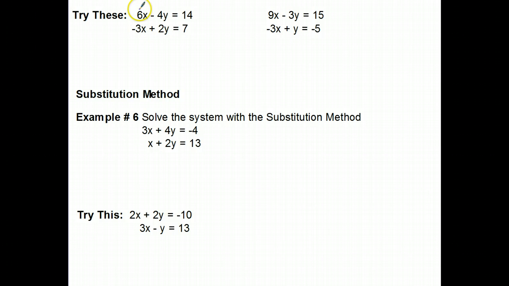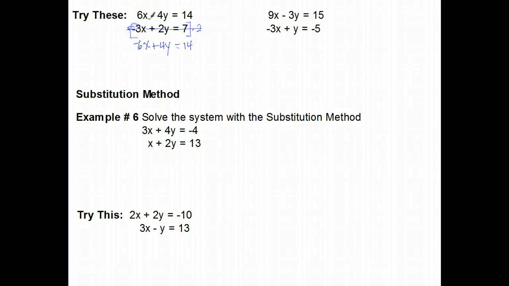In this first set, we'll eliminate the x's by multiplying the bottom equation by 2. That'll give us negative 6x plus 4y equals 14. Now let's pretend that this equation is not there and add these two together. That should not be in, that's just a rogue mark there. Don't pay any attention to that, please.